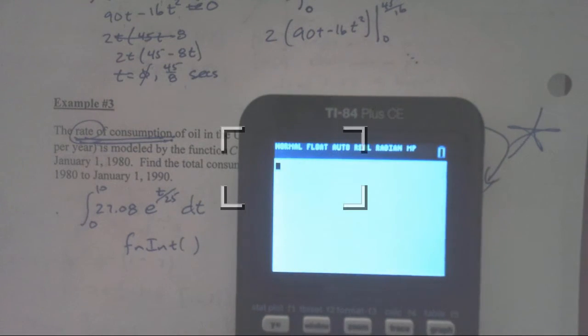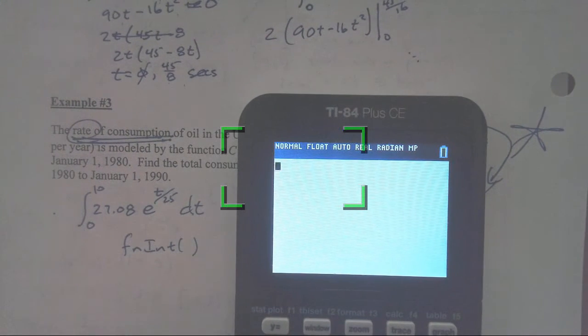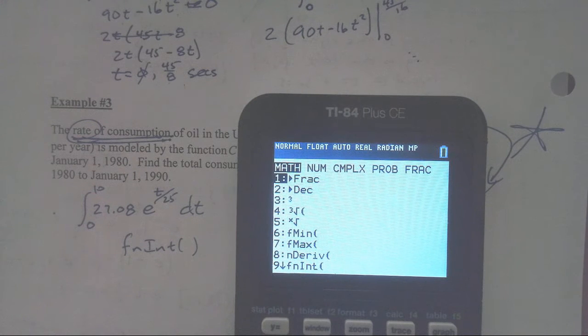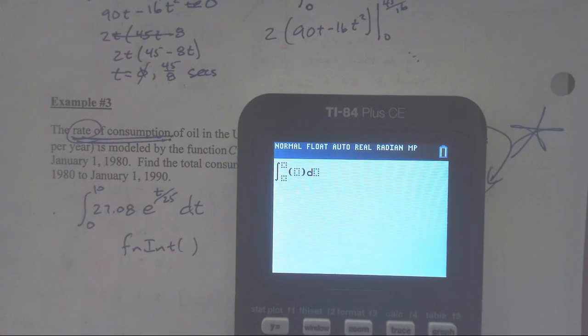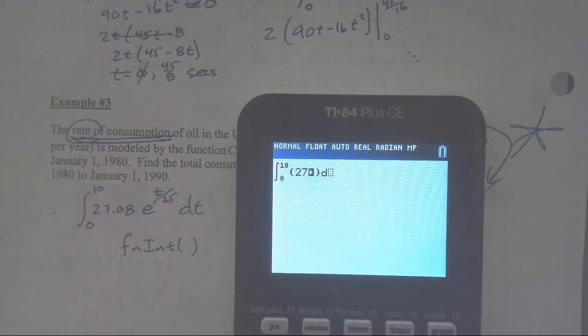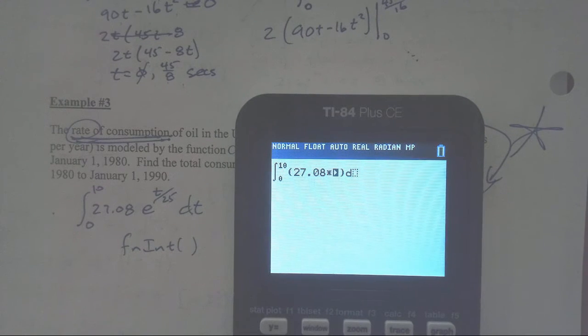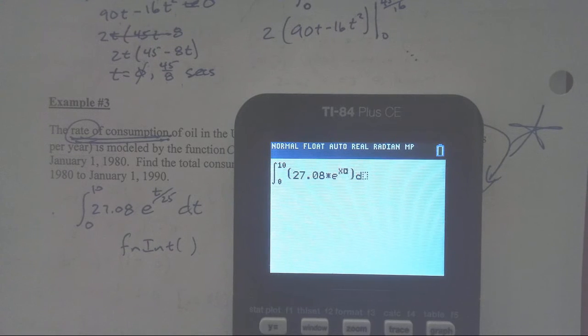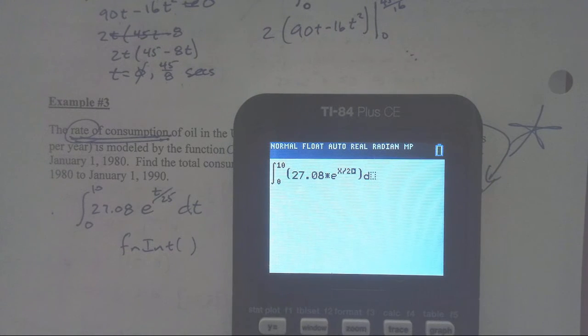Let's take a look here. So I'm going to math 8, math 9, and I'm going to go from 0 to 10, and I'm going to go 27.08 times e to the x on 25 dx.